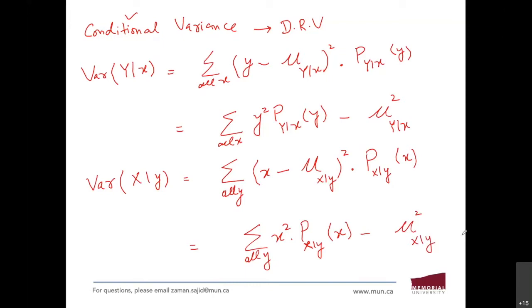Folks, I need to go to the next slide, please. Now those were for discrete random variables. In case of continuous random variables, we have f of x given y.